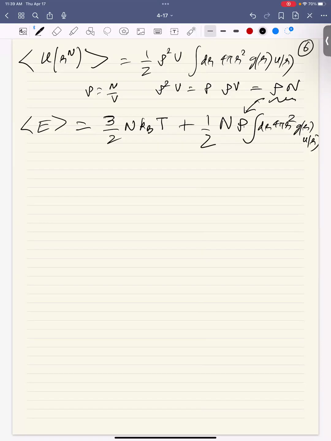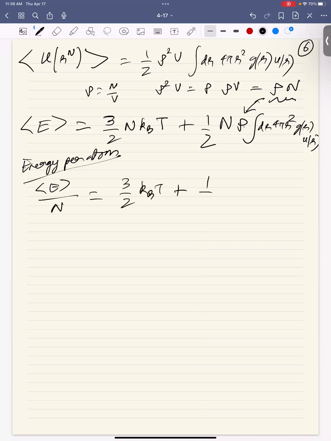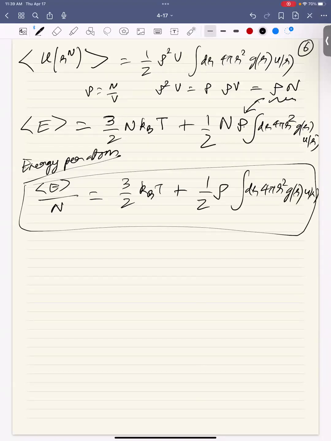Energy is an extensive quantity, right? So why dangle the n on both sides? If I'm interested in energy per atom, in this case it's per atom that you're looking at, that will be the average value of E by N is equal to 3/2 kT plus half rho integral dr 4 pi r square g of r u of r. This is the relation that I wanted to show.